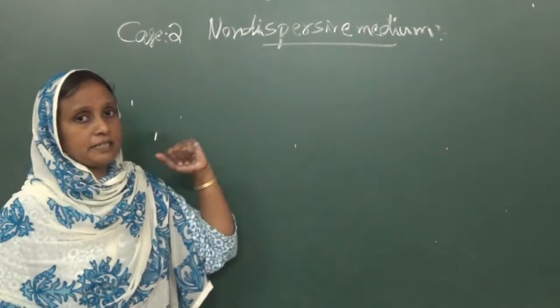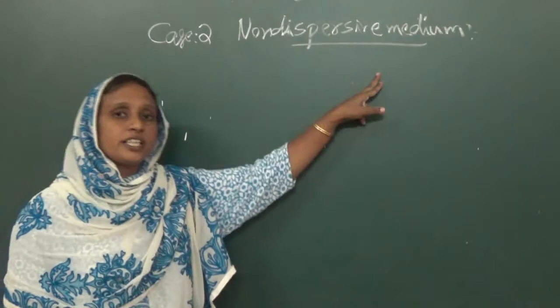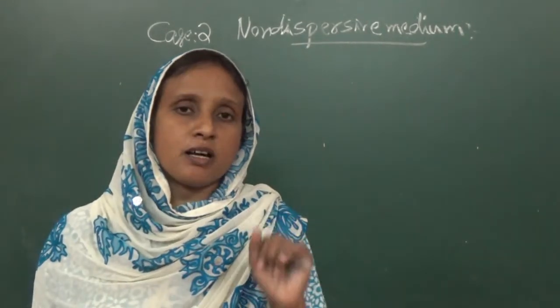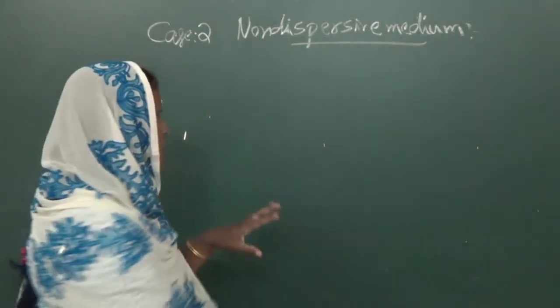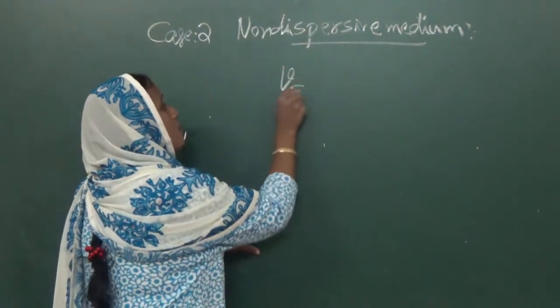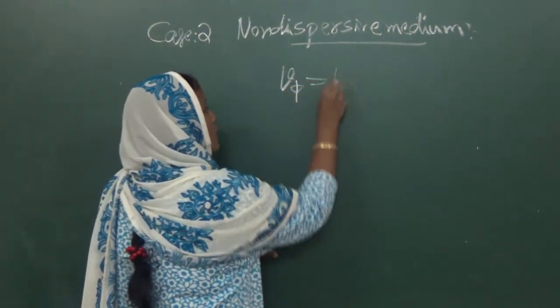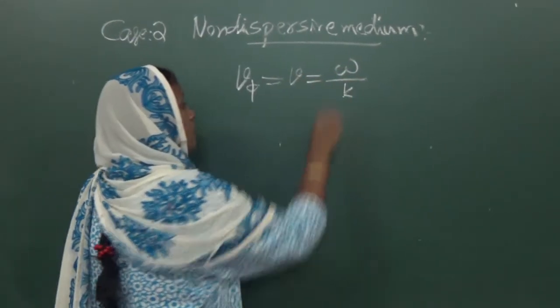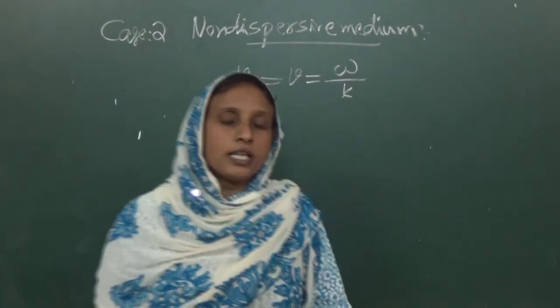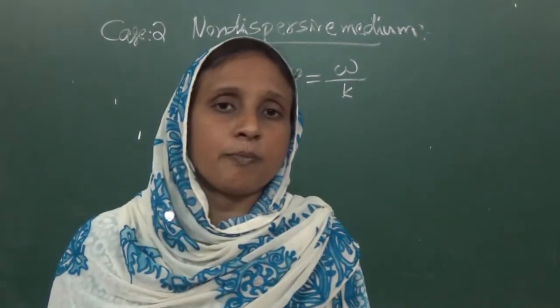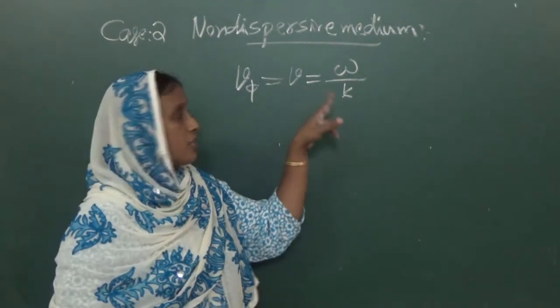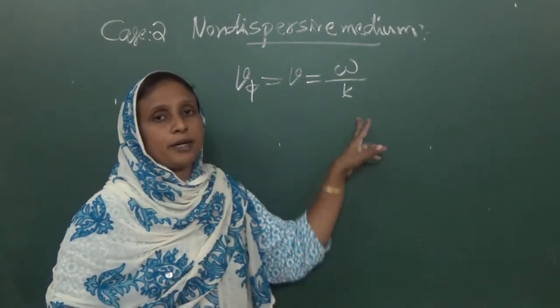In the second case, the case of non-dispersive medium, each frequency component has the same phase velocity. That means v phi equal to v, which is equal to omega by k. So all the frequency components move with the same velocity v, which is given by omega by k.